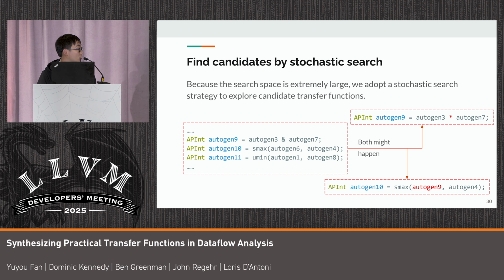I took a code snippet from our synthesizer result. You see here it contains autogen 9, 10, 11, and there are 2 possibilities. The first is we take a random operation and change the operand. In the top example, we replace the autogen bitwise AND operation with a multiplication. In the bottom example, we change the first operand from autogen 6 to autogen 9.